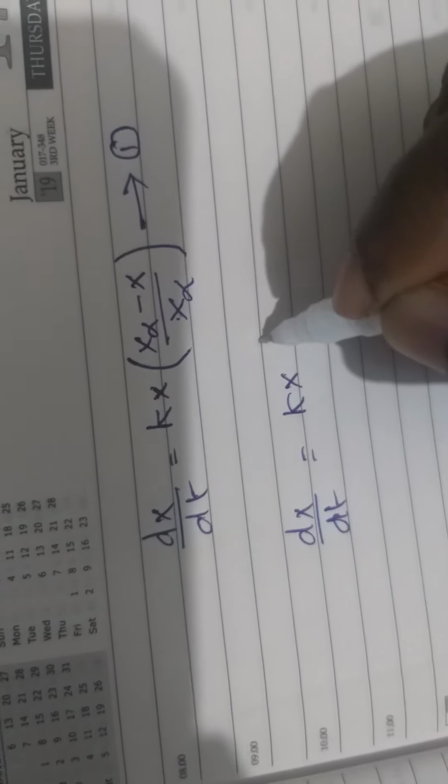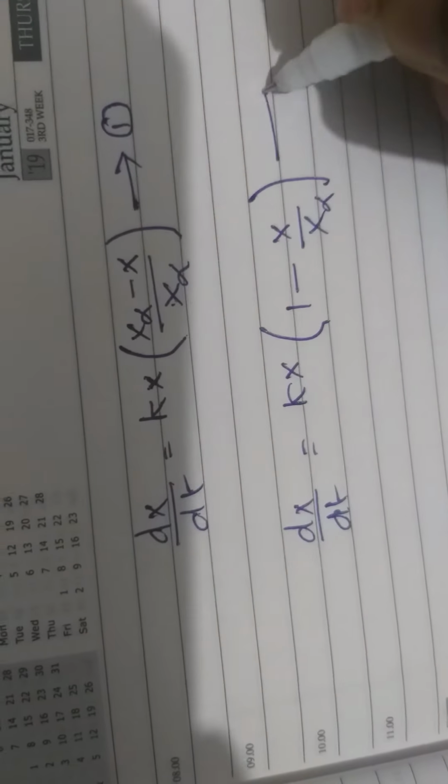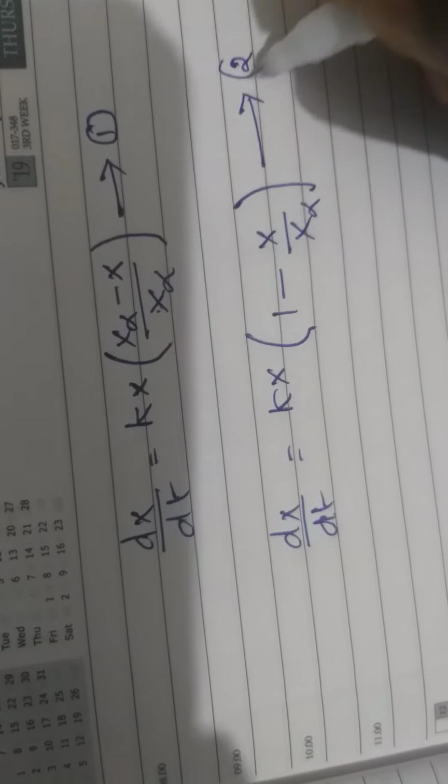Let us take this differential equation as equation 1. So we can write this equation as dx by dt is equal to kx of (1 minus x by x infinity). Take this as equation number 2.